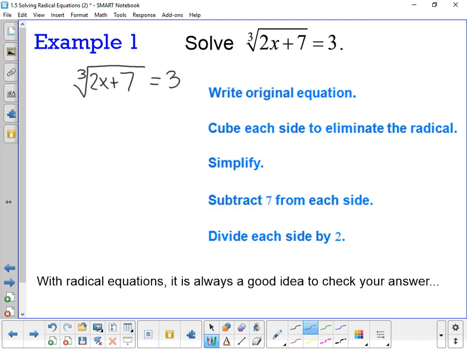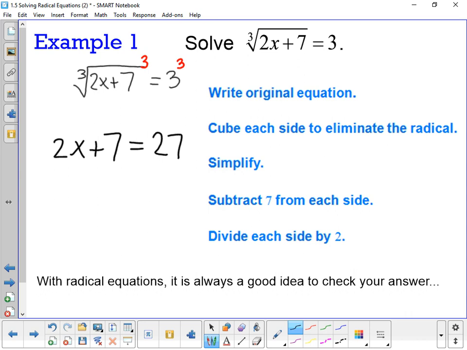So the first thing we're going to do to work towards getting that x by itself is raise both sides of our equation to the third power. So when we simplify that, we have just a 2x plus 7 on the left side, and on the right we have 3 to the third power is 27.